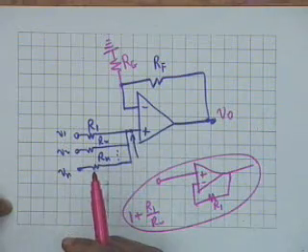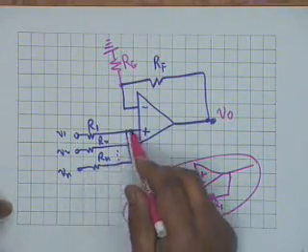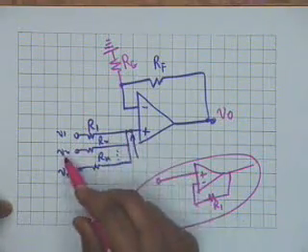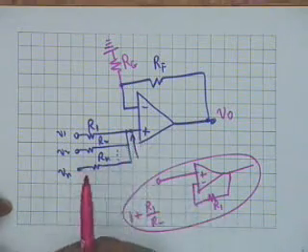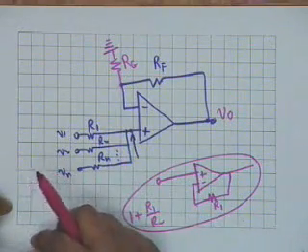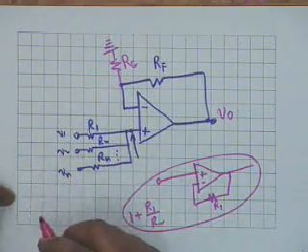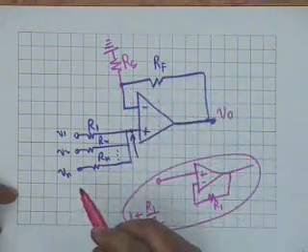Vn. Alright, you can do it by summing up all the currents here, V1 by R1 plus V2 by R2 plus Vn by Rn. What will this total current be? It shall be equal to 0. Alright. And what is this voltage?